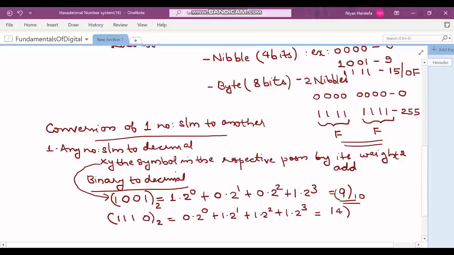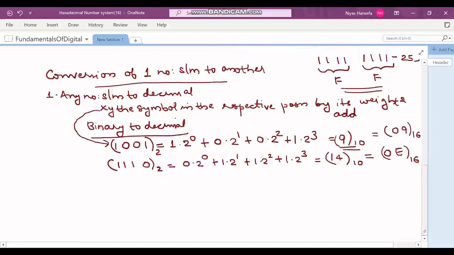So this corresponds to 14, in base 10. In hexadecimal this will be equal to what? 0E. 14 corresponds to 0E. This corresponds to what in hexadecimal? Again it is the same, 09, because for digits 0 to 9 there is no change. So this is how you convert any number system to decimal.